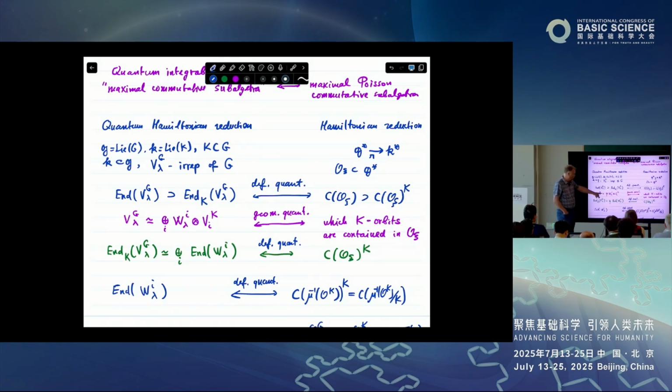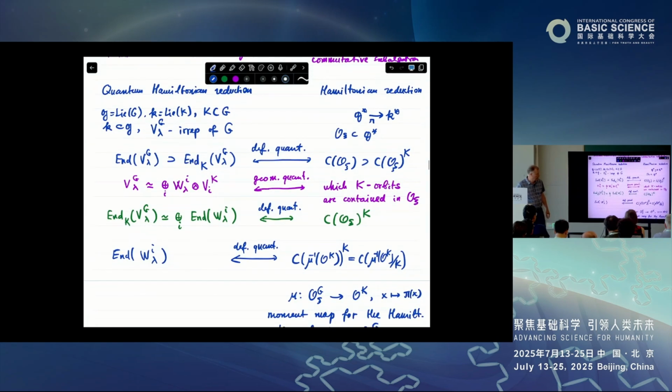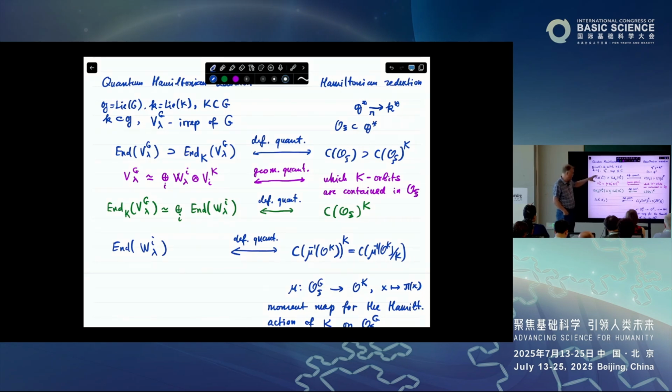Then you can restrict this representation to a representation of K, and let's assume that G and K are simple. Then your representation decomposes into the direct sum of irreducible K-modules and some multiplicity spaces. Supposedly, this is what you should obtain if you consider K orbits inside of this coadjoint G orbit. If you construct geometric quantization of this coadjoint orbit, then with some careful geometric manipulation, you should be able to obtain this.